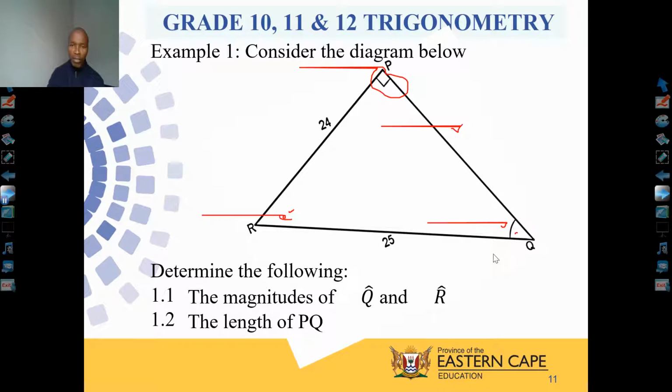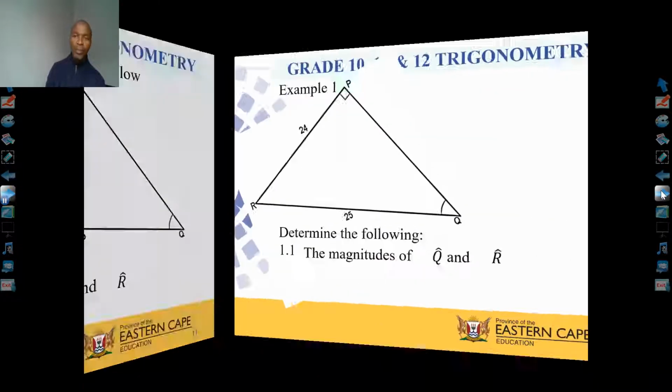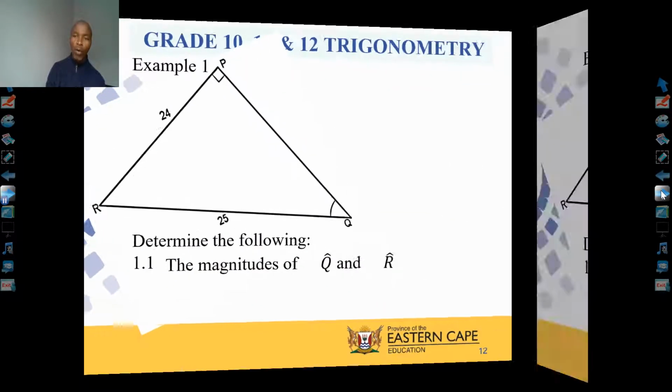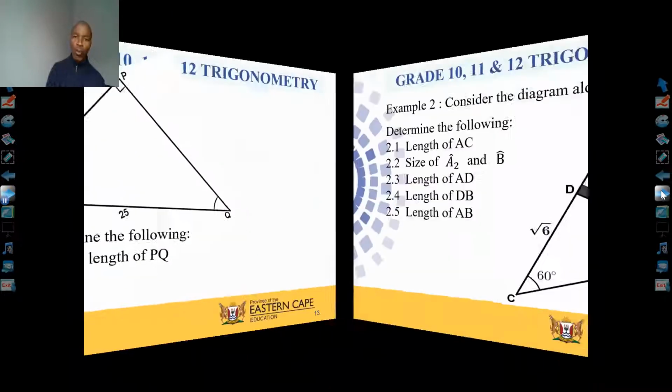Remember, the hypotenuse is 25 and PR is 24, and then you are going to solve that one. I would prefer that we do those practically, in other words, I would like to write as I explain to you, which is going to happen later. So obviously, you are going to calculate 1.1 and then 1.2.